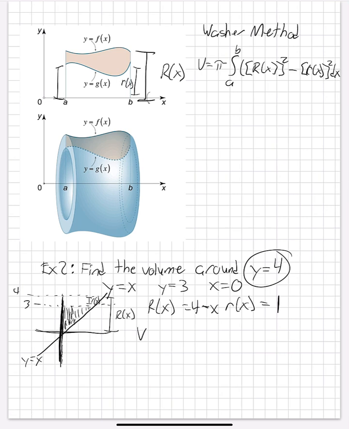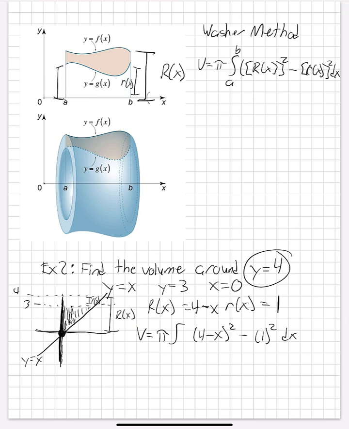Now I can just use my formula here, just plug everything in, but we also need our limits. I'm going to plug in, so I have the integral of 4 minus x squared minus 1 squared, all with respect to x. All right. But my limits are just those intersection points.